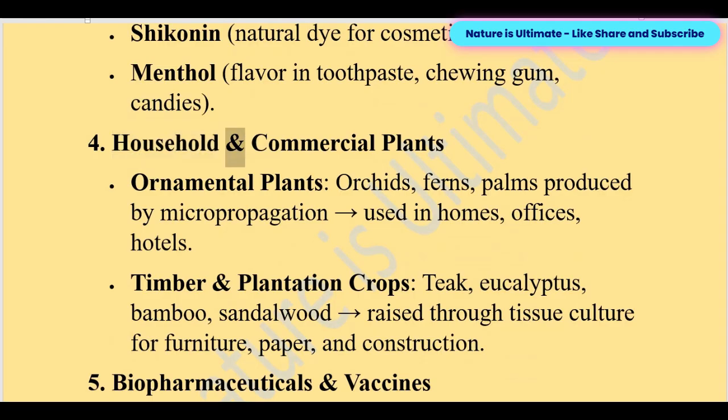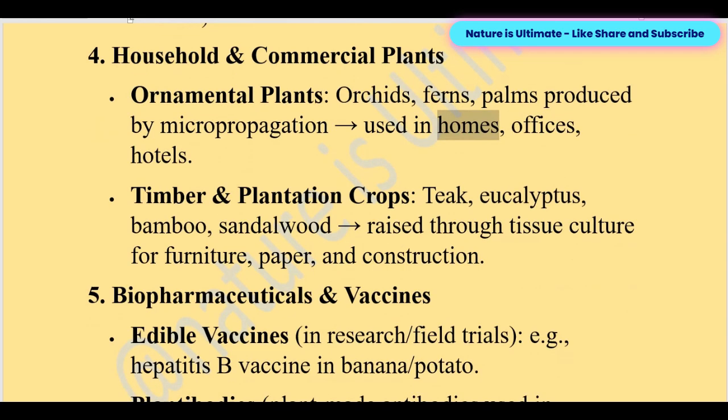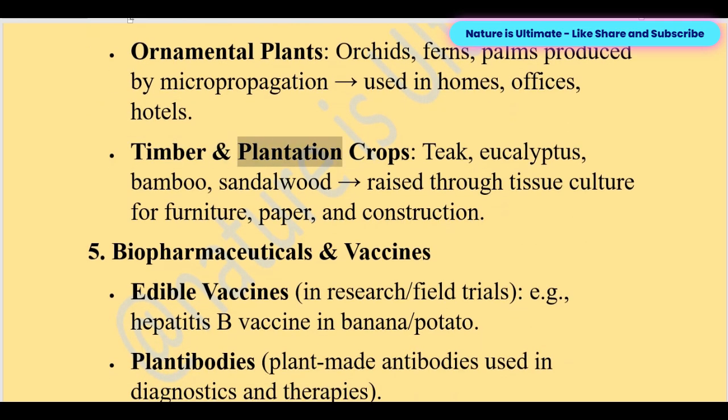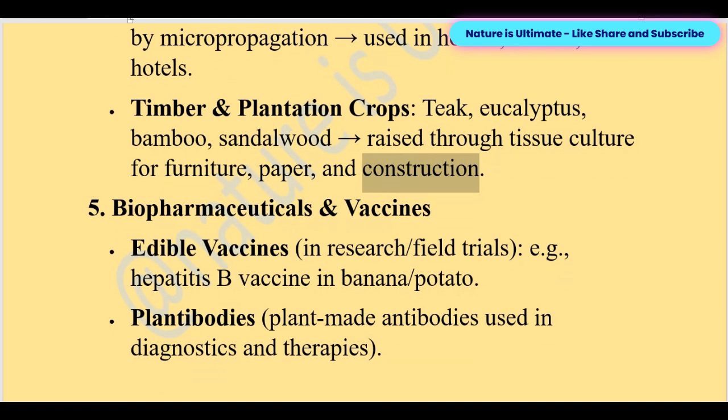Four, household and commercial plants. Ornamental plants, orchids, ferns, palms produced by micropropagation → used in homes, offices, hotels. Timber and plantation crops, teak, eucalyptus, bamboo, sandalwood → raised through tissue culture for furniture, paper, and construction.